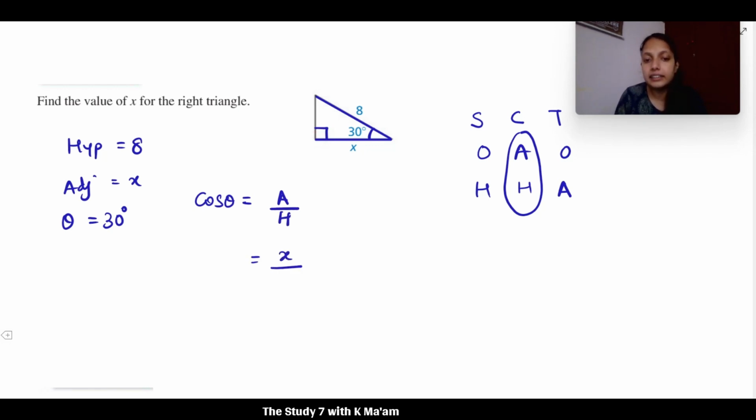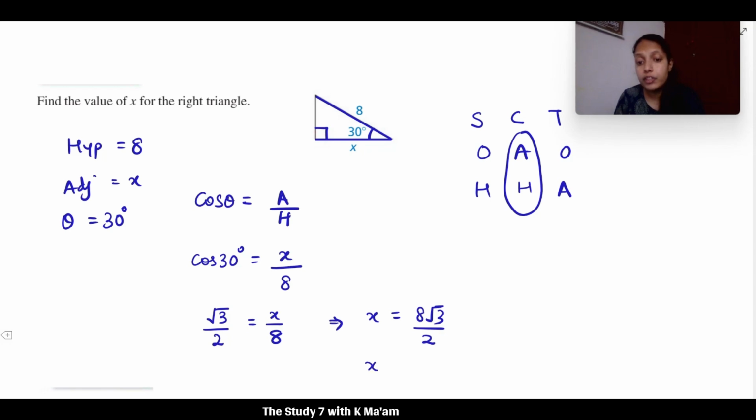Adjacent is x, hypotenuse is 8, angle is 30. You can use the calculator to calculate its value. I am directly writing square root 3 by 2 equals x over 8. From this, x equals 8 square root 3 over 2, which is 4 square root 3. This is the answer.